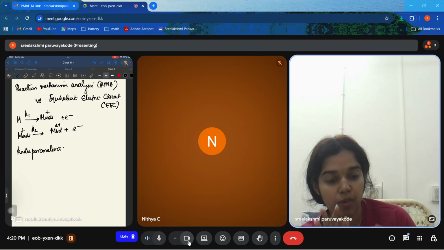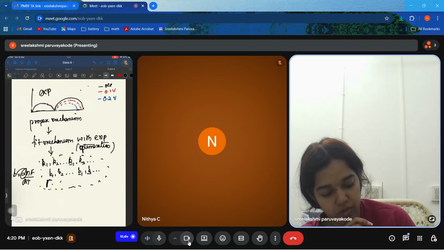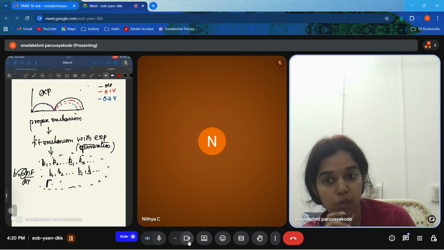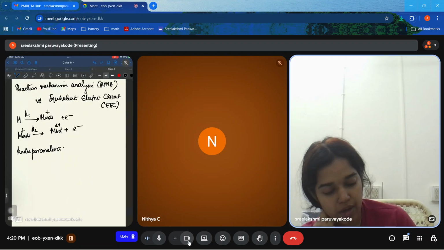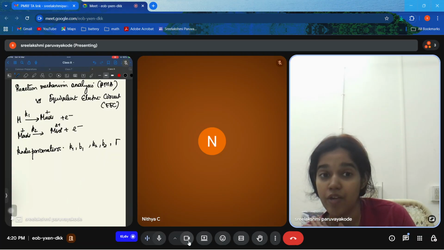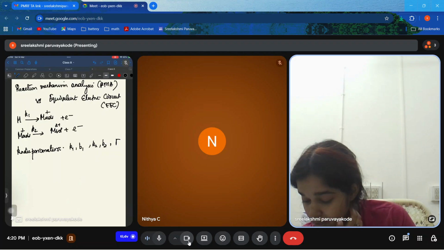This was what I was talking about, the mechanism. You will fit, you need to find K1, K2, K minus 1, K minus 2, B1, B2, B minus 2, gamma. These are the kinetic parameters. In this step, you have K1 associated with B1, K2 associated with B2, and the total fractional sites.